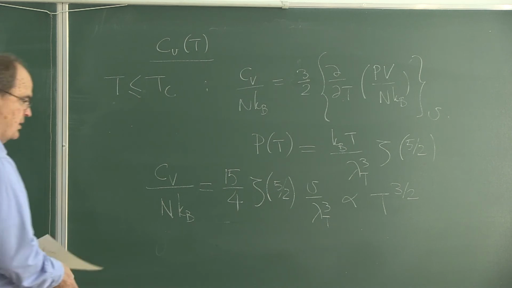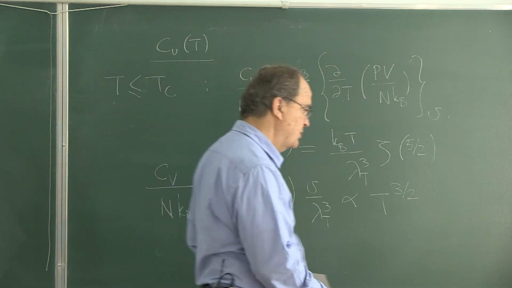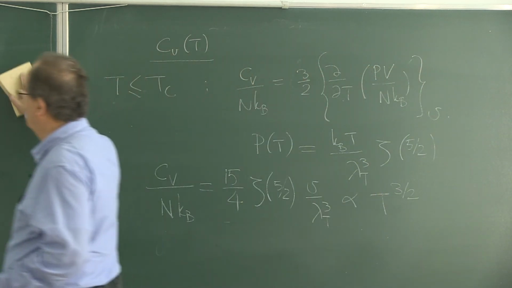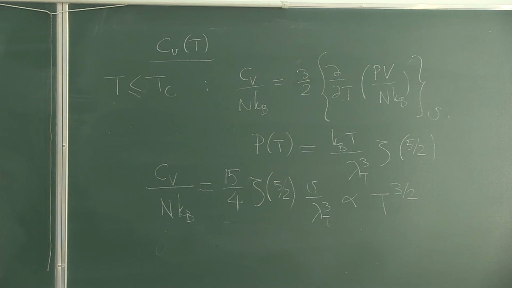So at the characteristic temperature, or in the language of phase transition, the critical temperature, you have the following.